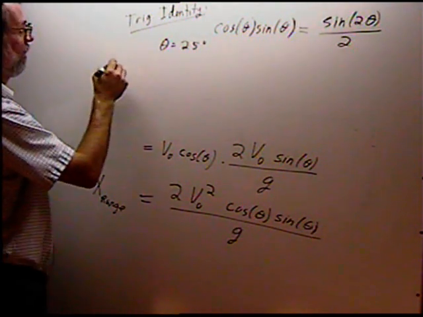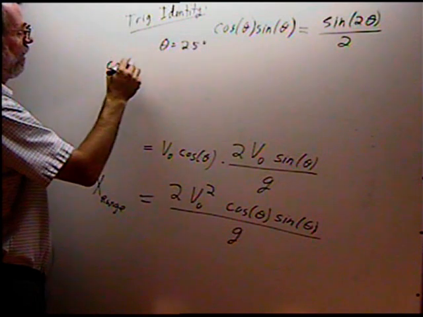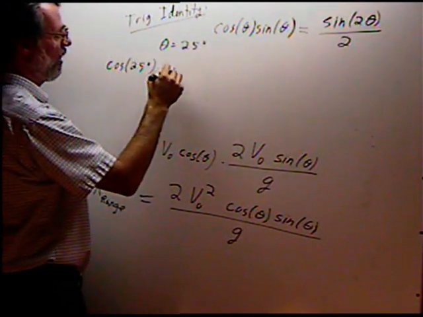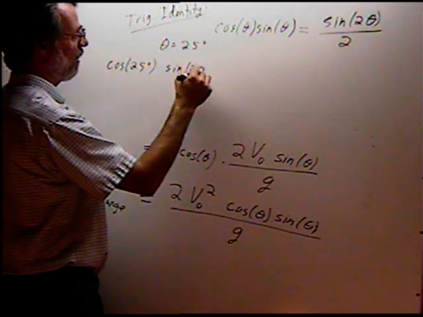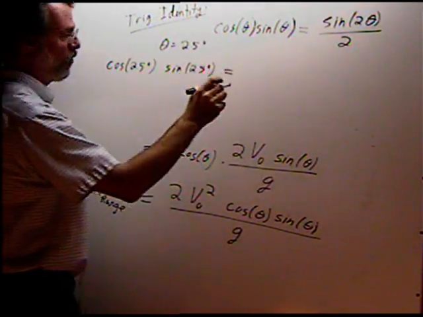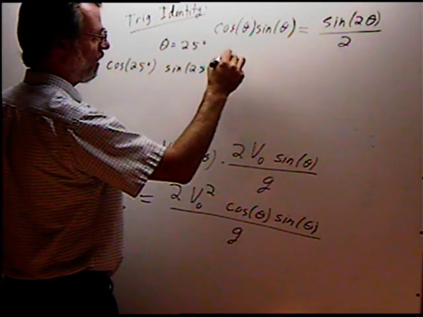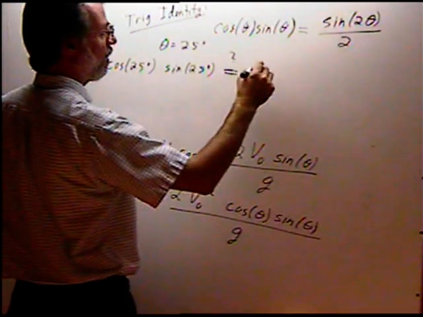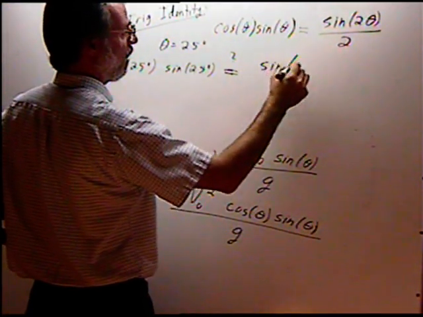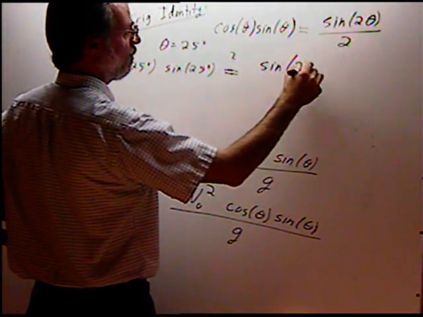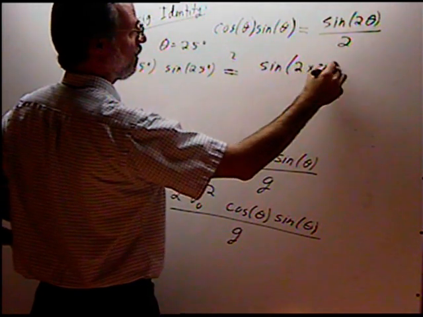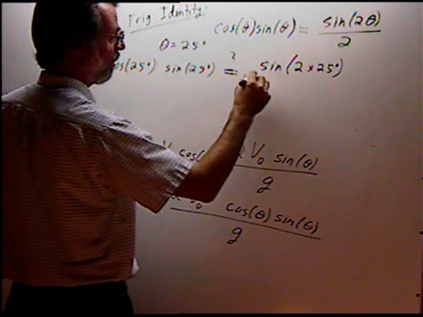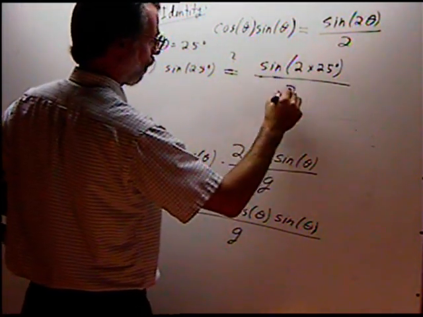What we're saying is that the cosine of 25 degrees times the sine of 25 degrees should equal, and here I put a question mark because maybe you don't believe it, the sine of 2 times 25 degrees, all divided by 2.